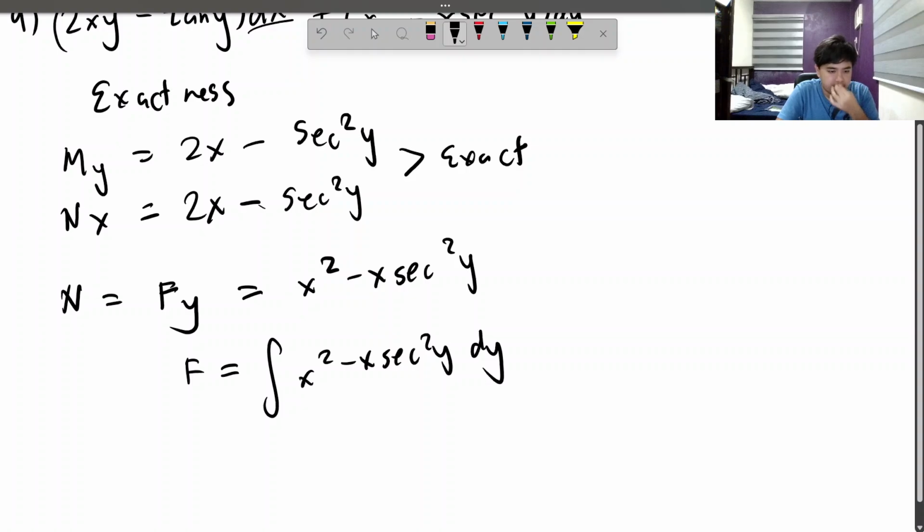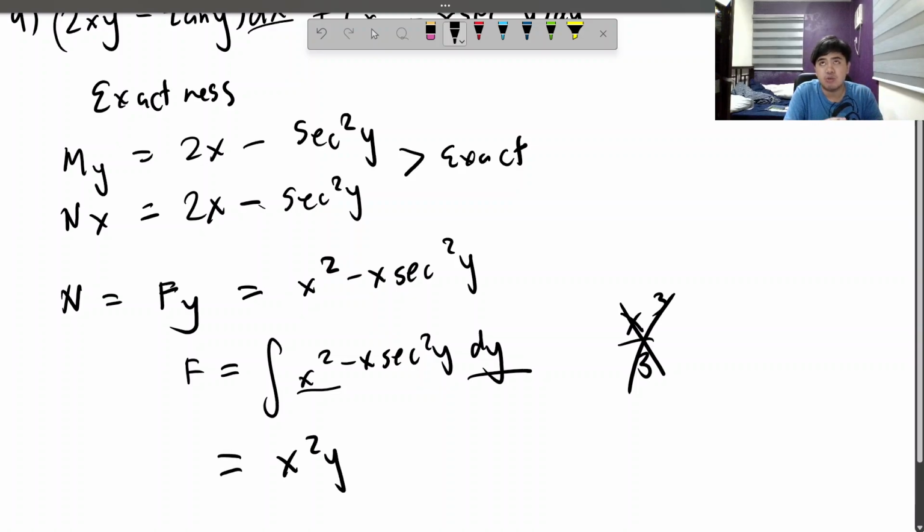What is the integral of x squared with respect to y? It's not x cubed over 3, that's not it. This is x squared y, since x squared in the y world is just a constant. That's a helpful tip. Consider this belongs to x, then secant squared y gives tangent y. Since this is just y and we still have the world of x to go, we have to add g of x here.